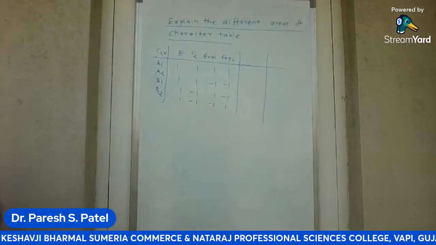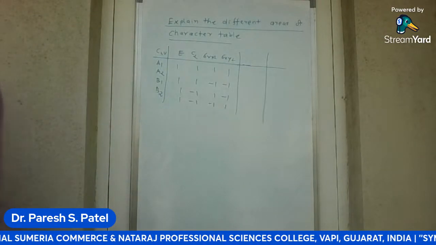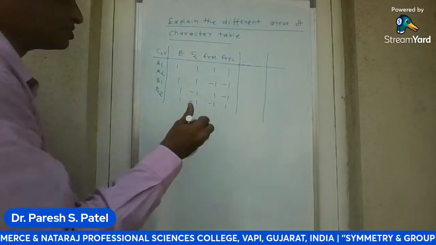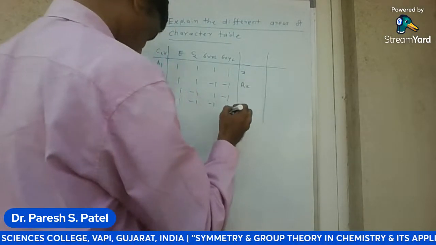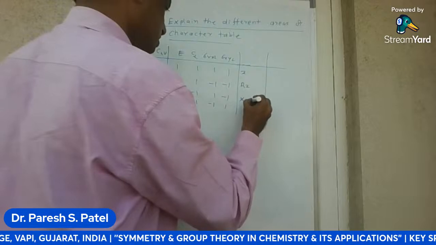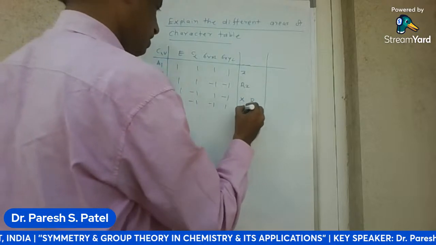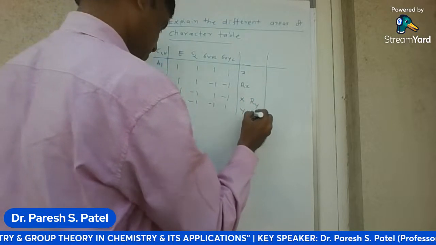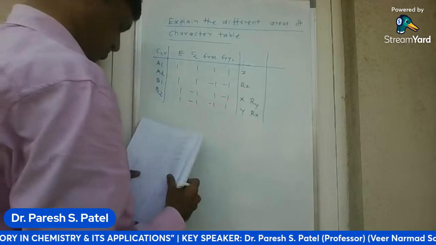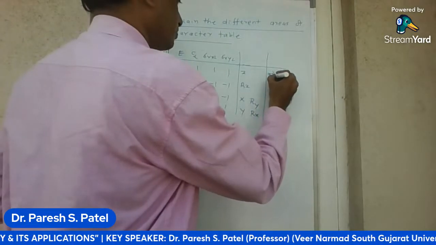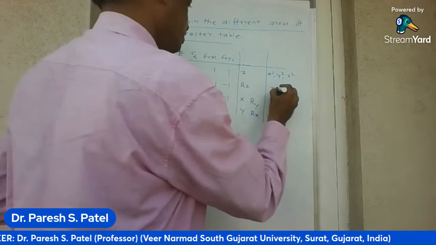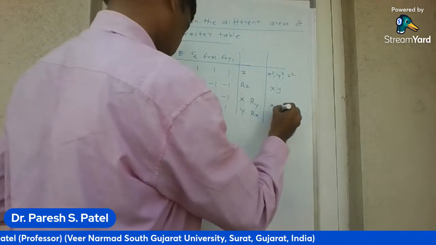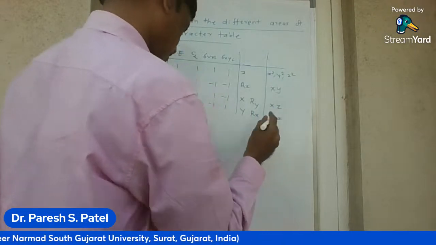Okay, and then we have to mention Z, RZ, X, RY, Y, RX, and X square, Y square, Z square, XY, XZ, YZ.